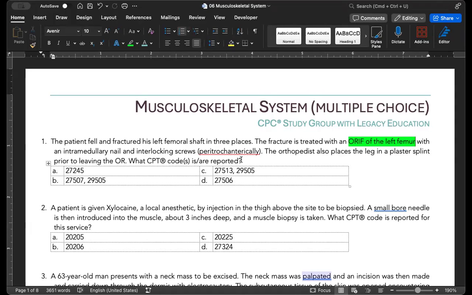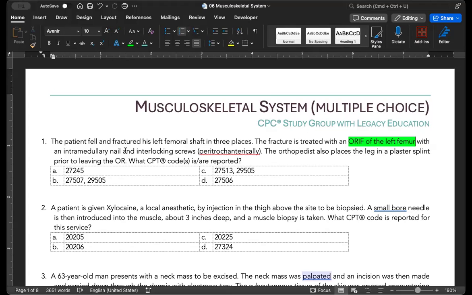So of your couple options underneath your peritrochanteric entry, what, okay, Myra says open, which yes, we did do open. However, there's a word in here that gives us a little bit more specific type of treatment that we did.